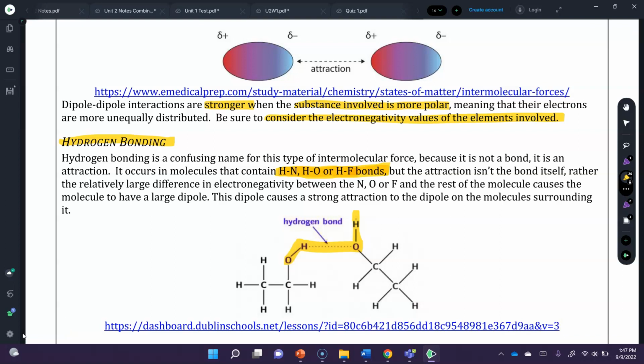Okay, continuing. The attraction isn't the bond itself; rather, the relatively large difference in electronegativity between N, O, or F and the rest of the molecule causes it to have a large dipole. This dipole causes a strong attraction to the dipole on the molecules surrounding it.